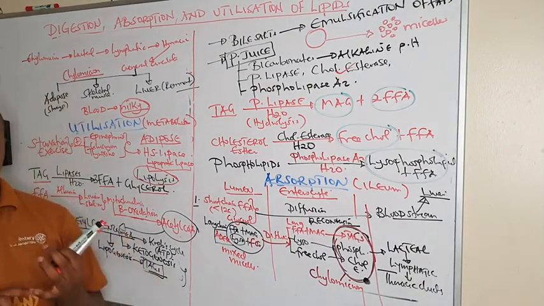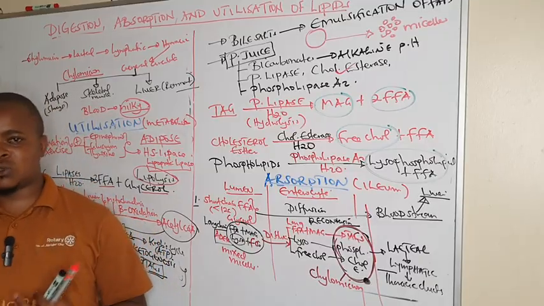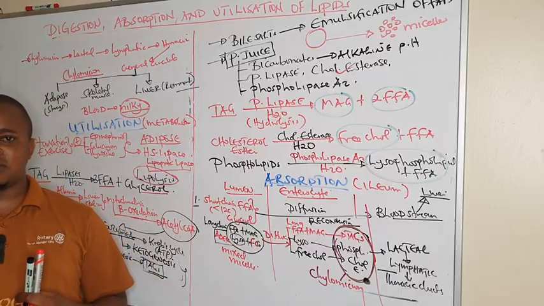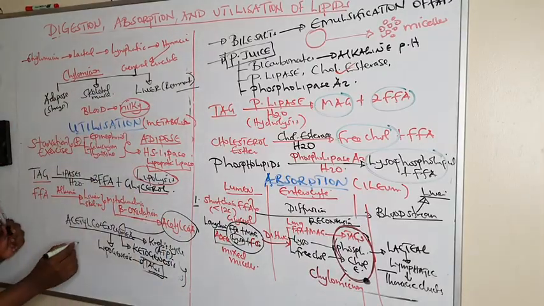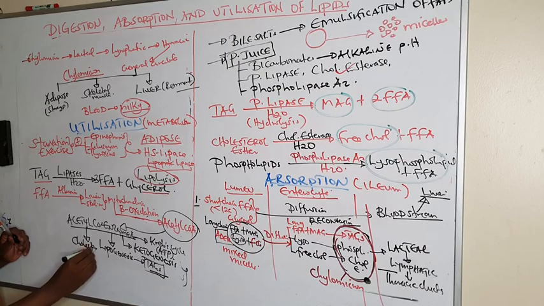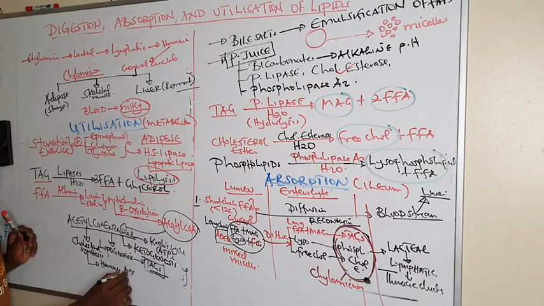Then if maybe the body needs cholesterol to form steroid hormones like testosterone, estrogen, maybe we need bile salts, bile acids, or we need fat-soluble vitamins, it undergoes a process known as cholesterol synthesis, whereby this cholesterol formed can be utilized for formation of steroid hormones like testosterone, vitamin A, and bile acids.